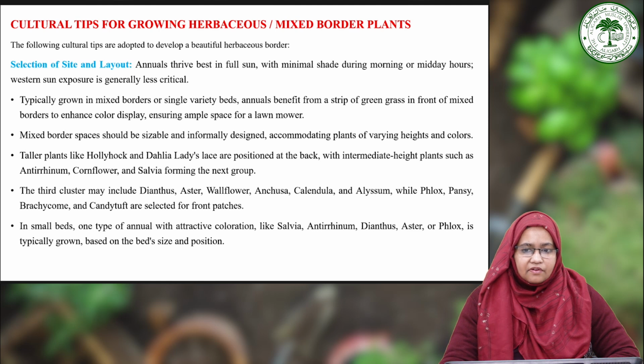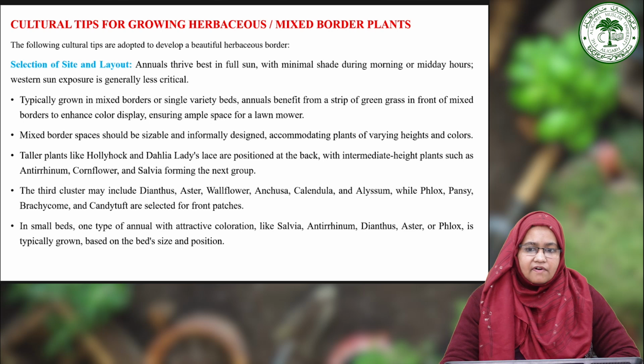The space allocated for a mixed border should be sizable and designed informally. Plants of varying heights and colors are grouped with taller plants positioned at the back and shorter ones gradually toward the front. For instance, tall plants such as hollyhock, dahlia, lady lace are placed at the back, while intermediate height plants like antirrhinum, cornflower and salvia form the next group.